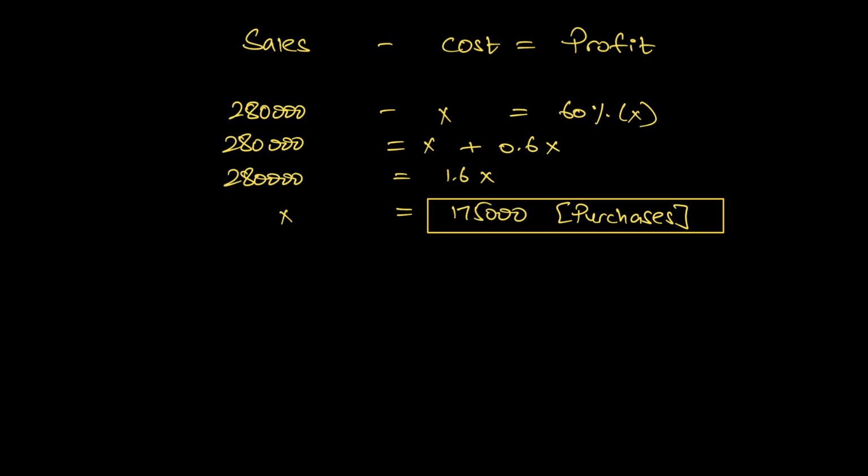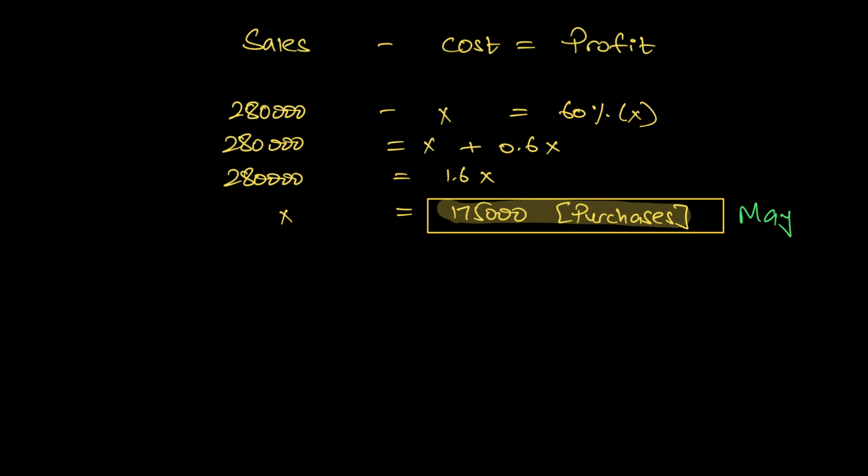So 280,000 becomes 1.6X. Now use this equation for all your sales, because you know that all sales will end up to be 1.6X. So over here I get my purchases to be 175,000. These goods were acquired for 175,000, but one thing to take note of, they were acquired 1 month earlier, which means that they were acquired in the month of May.